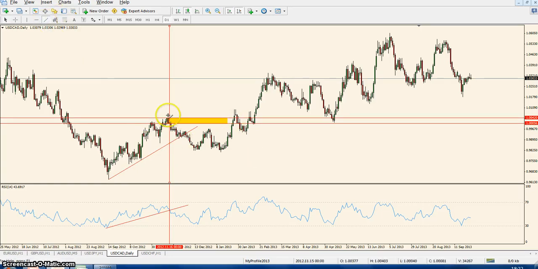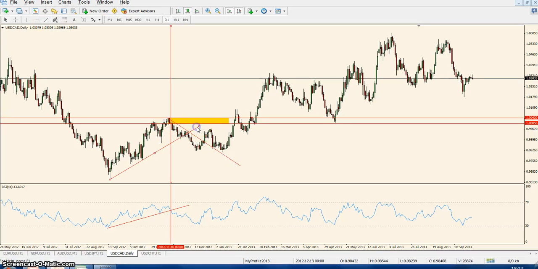To determine the exit, I draw a trend line in the opposite direction. Let's take the previous one out. Again, the corresponding trend line on the RSI. Look for when it broke.